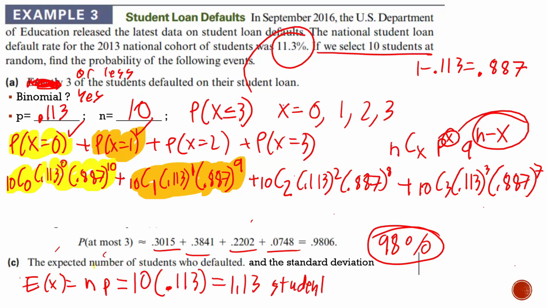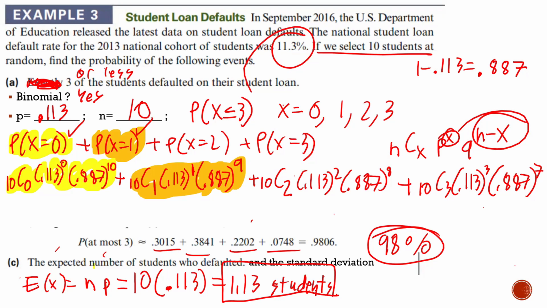This formula, you should have been able to tell me this before you came into this classroom today. 11% of students default, so roughly 11% of these 10 students will default. That's what you would expect. Fairly intuitive, right? 37% of people drive a stick shift.